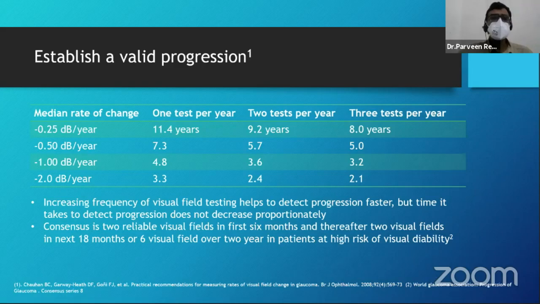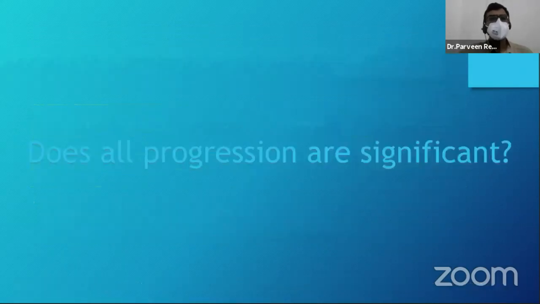So we can increase the number of fields to a particular extent, but beyond that it may not be helpful. The consensus is 2 reliable visual fields in the first 6 months, and thereafter 2 visual fields in the next 18 months, or 6 visual fields over 2 years in a patient at high risk of visual disability, which will help to detect progression in time.